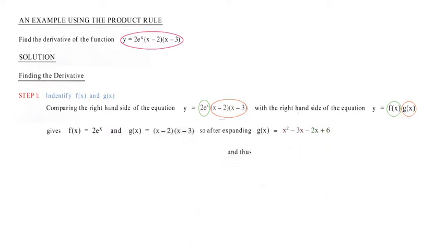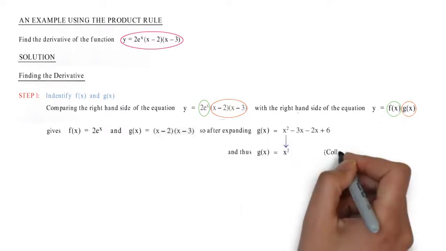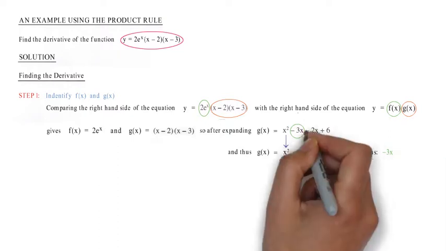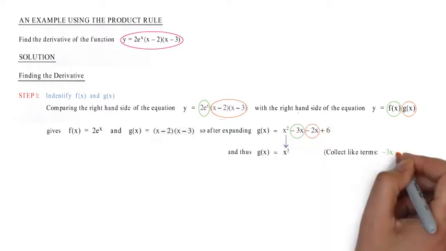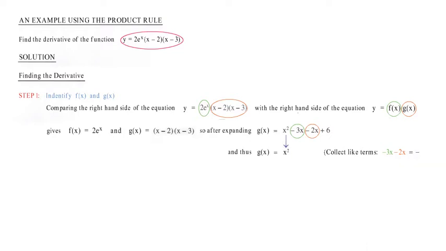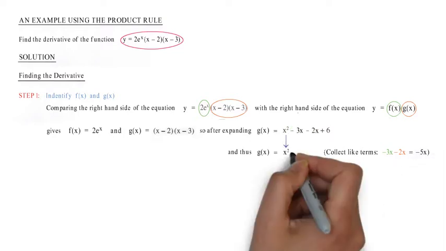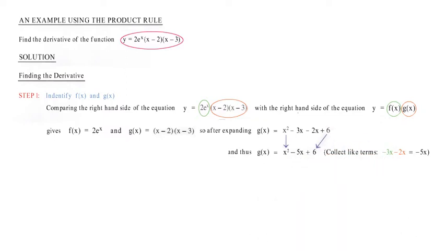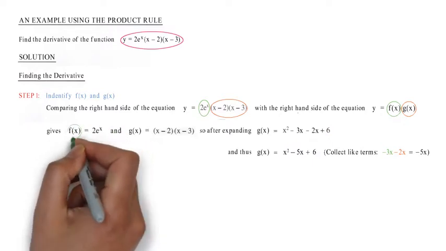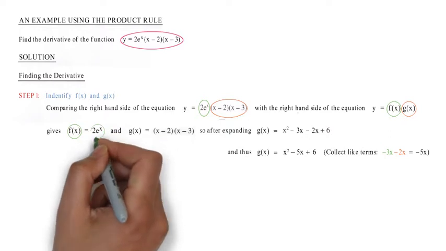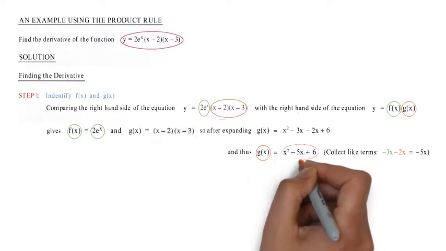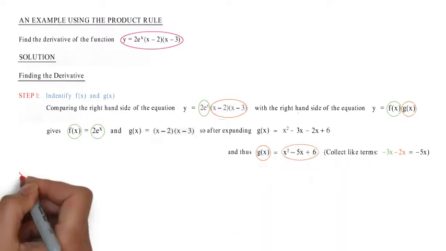Collect like terms: minus 3x minus 2x equals minus 5x. So finally, f(x) equals 2e to the x and g(x) equals x squared minus 5x plus 6. Step 2.